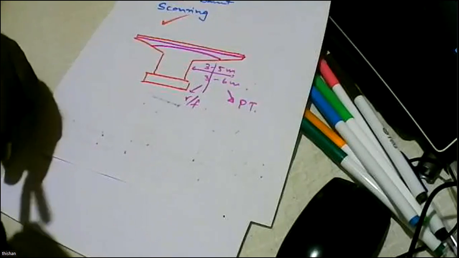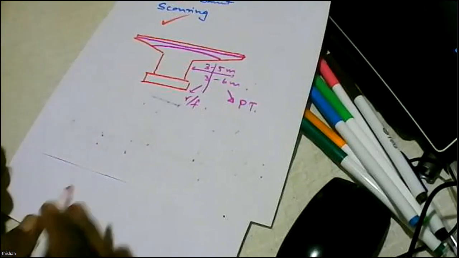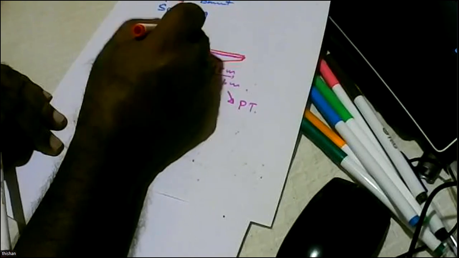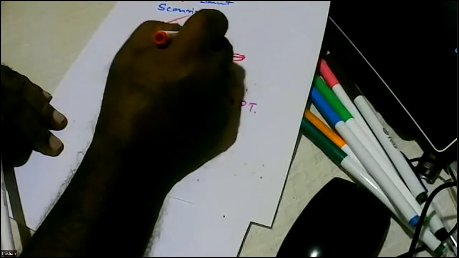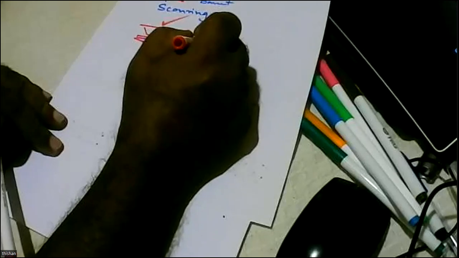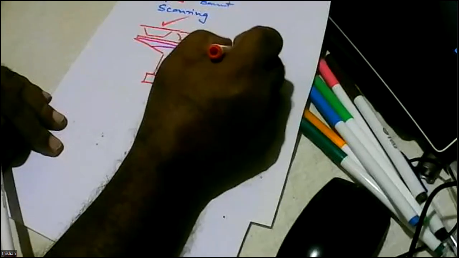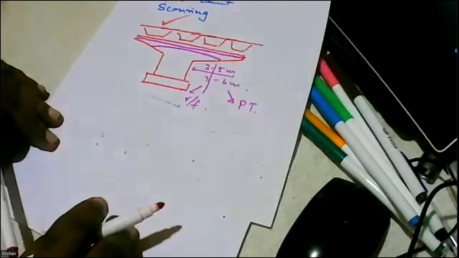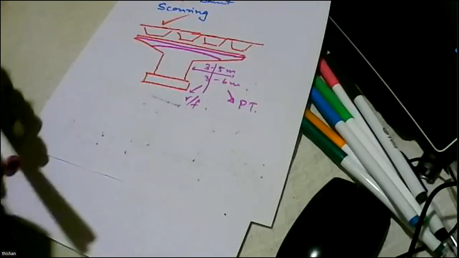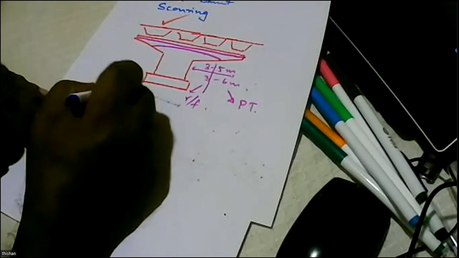The reason is, when you look at the loading system, it may be something like this, very heavy loads. That means this will need heavy pre-stressing as well. But in pre-stressing, we have to see the stresses at transfer.